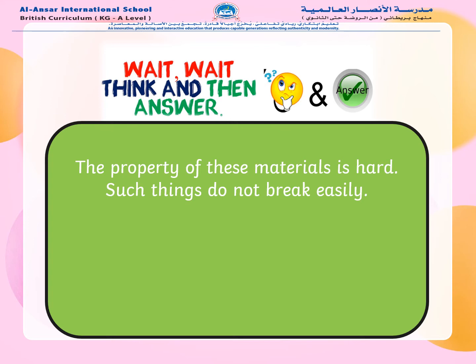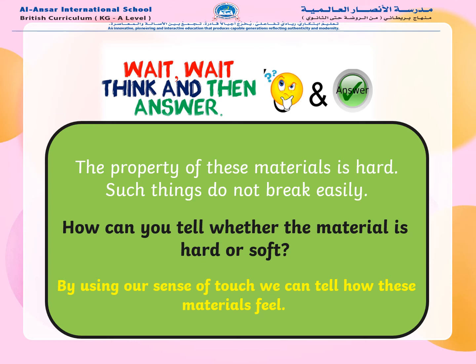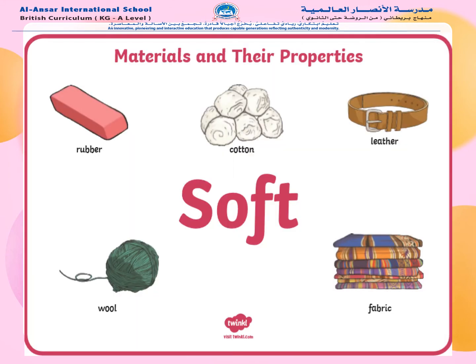That's why they are hard. How can you tell whether a material is hard or soft? As I told you before, by using your sense of touch, you can tell either the material is soft or hard.